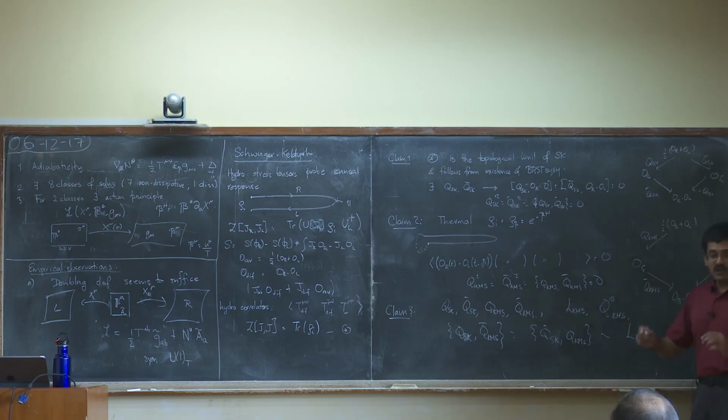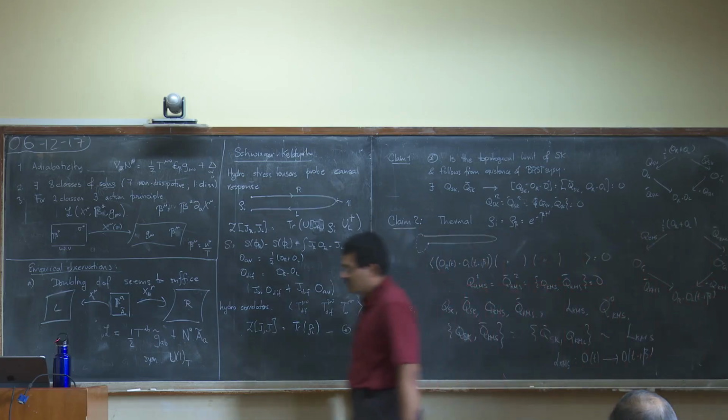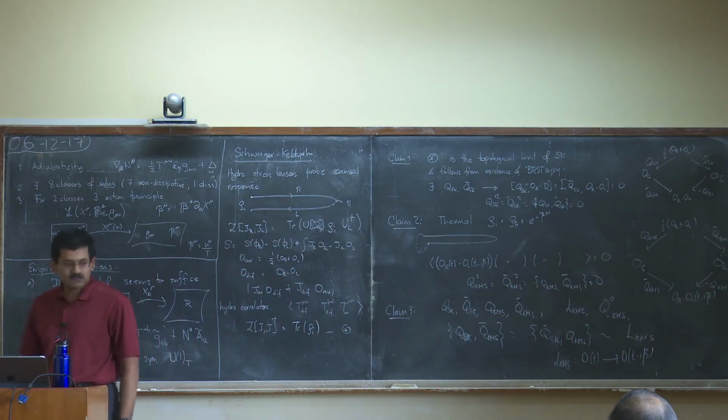L KMS is the bosonic operator that takes something and shifts its time argument by I beta. So it does thermal translations.